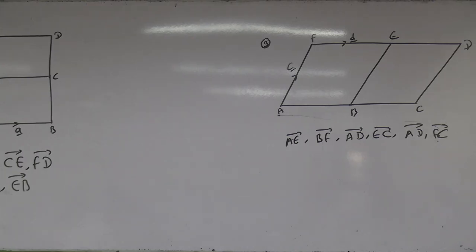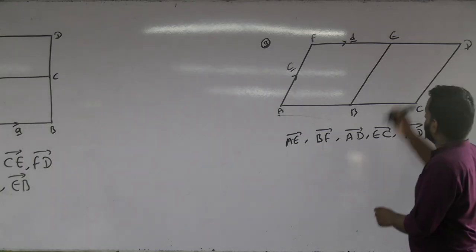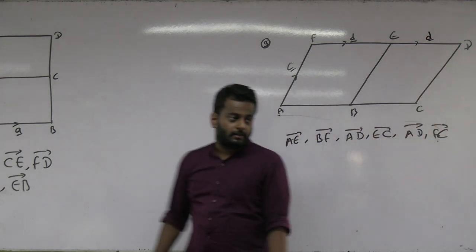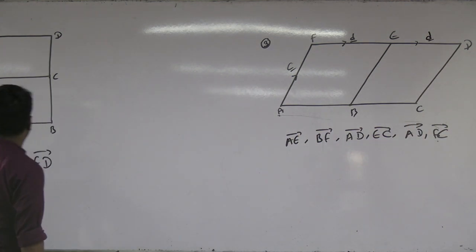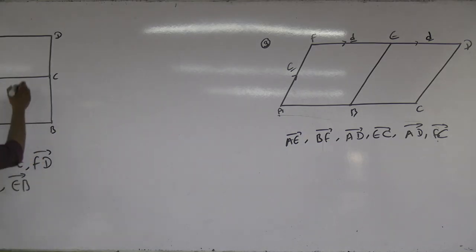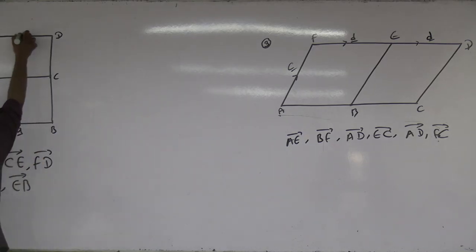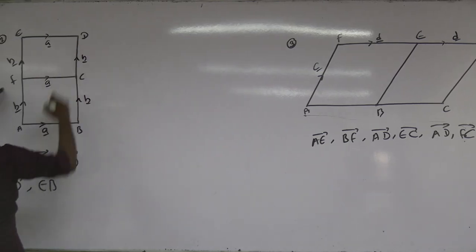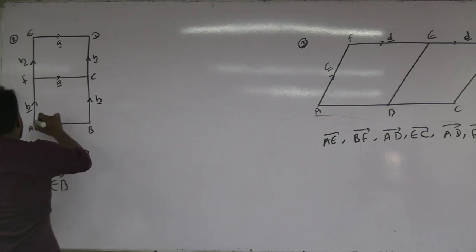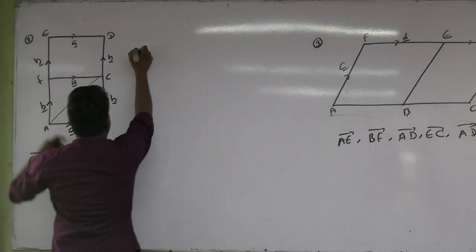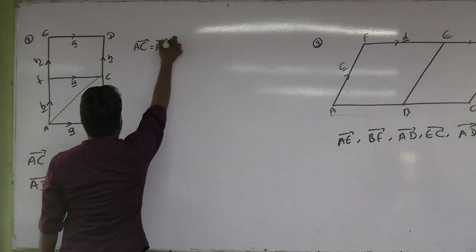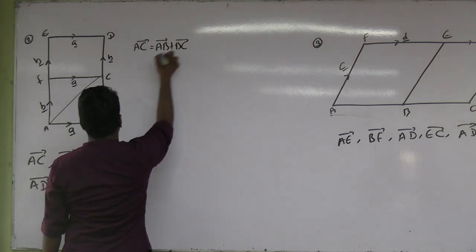So in the third question, here we write the equal vectors, this is equal A and this is equal A, this is B and this is B. So we can write AC equals AB plus BC.